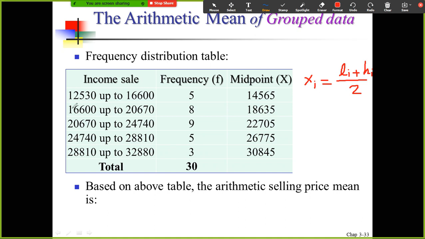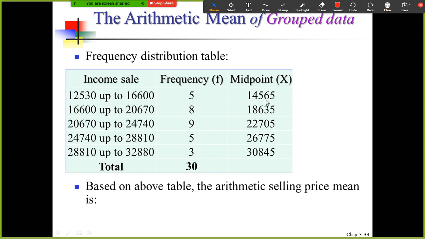Then L, H, and I1, I2, I3, I4, I5. That's why I goes from 1 to 5, no 6, no 7. So this one comes from the lower plus the higher, divided by 2. Same.